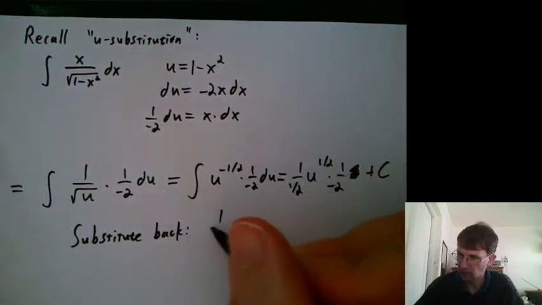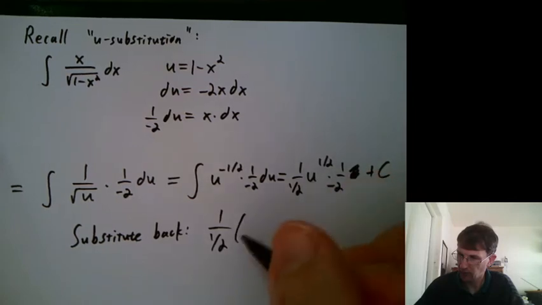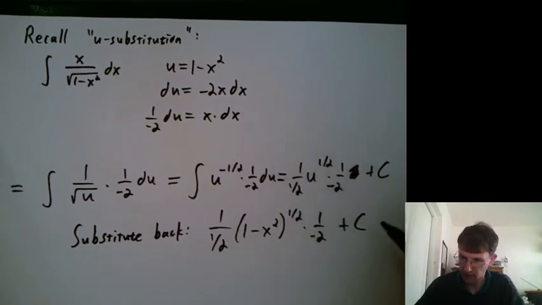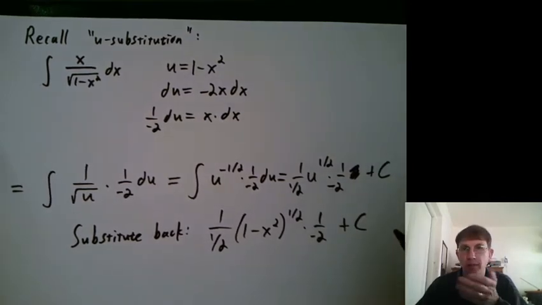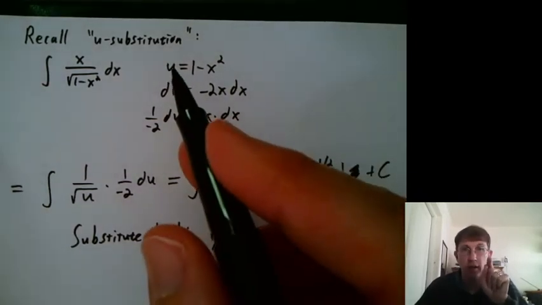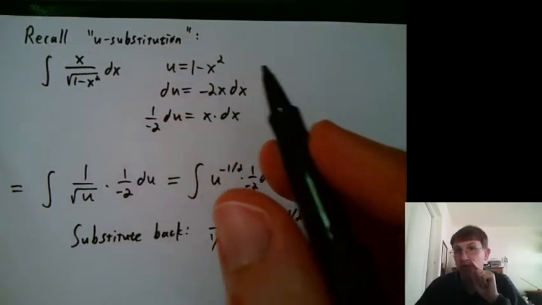So 1 over 1/2, u becomes 1 minus x squared to the 1/2 times 1 over negative 2. And you could simplify it from there, but that's not really the point here. Let's point out our new variable u is a function of the original variable x.